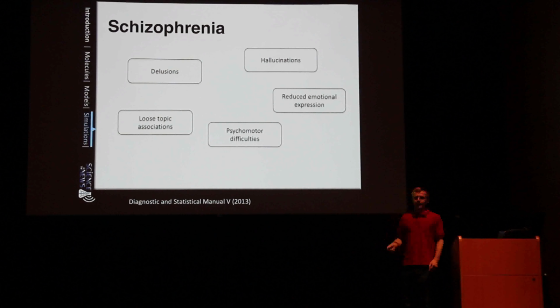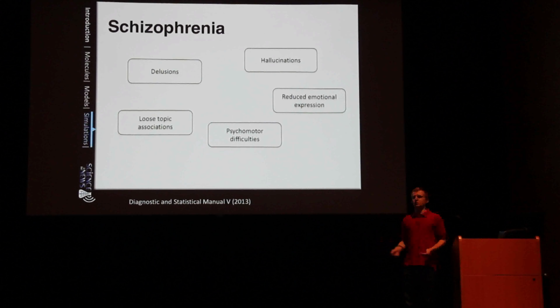They have trouble mapping that concept of this is what I want to do from this is what I'm actually doing. And what's unique about schizophrenia compared to a lot of other diseases is that schizophrenia is defined by the symptoms. And so if you have these symptoms, you're defined as having schizophrenia, which is unlike other diseases. And we define it that way because we don't know what the underlying cause is.